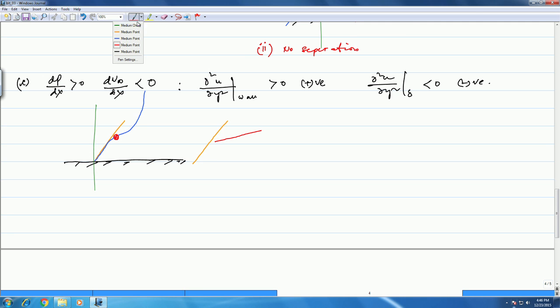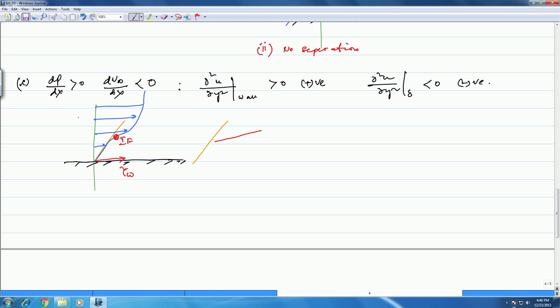So that's what this essentially means. So you have your velocity profile like this. So this is the inflection point, which we shall write here. Inflection point.